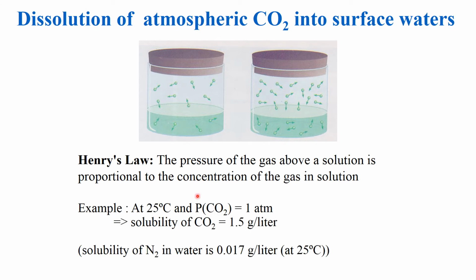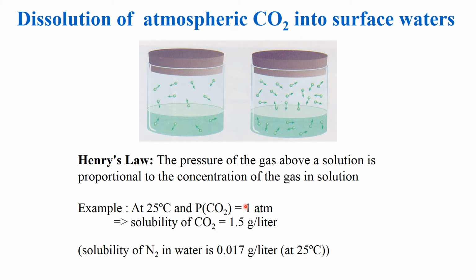For example, at 25 degrees C and 1 atmosphere of pressure, we can get 1.5 grams per litre of carbon dioxide into the water. That's if the atmosphere was 100% carbon dioxide. Obviously, it's a lot less than that.